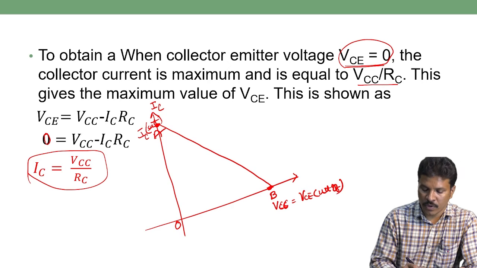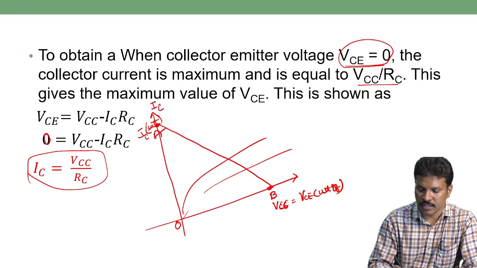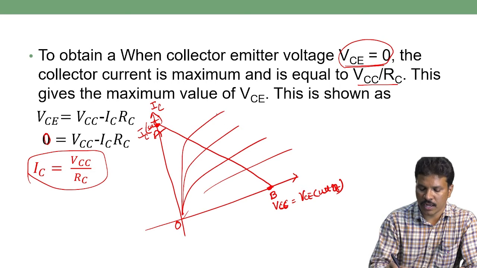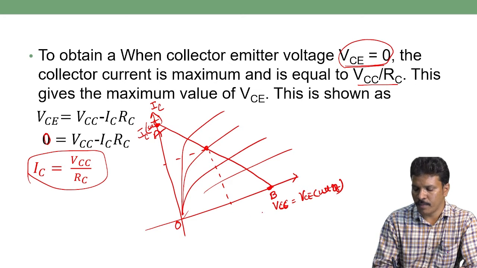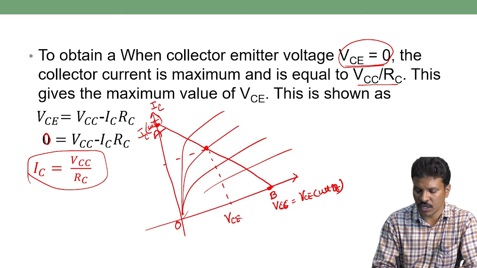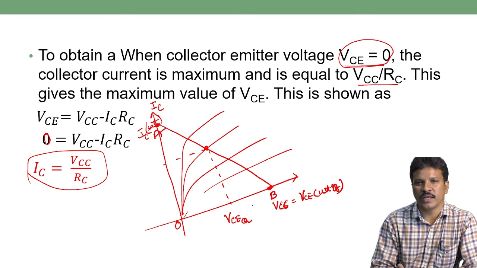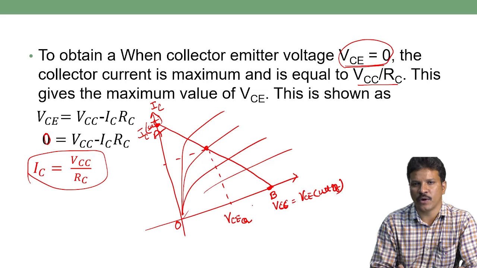So now we already have the output characteristics. We will take the Q point. What does Q point mean? It is the operating point, which is represented by VCEQ, where the Q point is placed in the output characteristics, which will make the transistor amplifier give faithful amplification. That point is called the Q point.